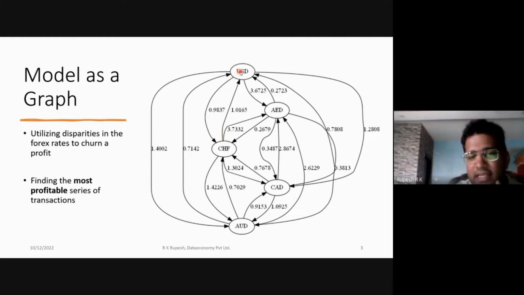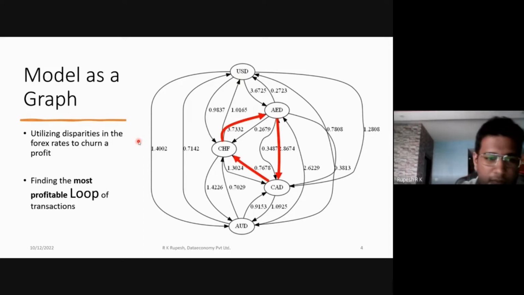So this is a densely connected and bidirectional graph, and the number of possible loops in such a cycle grows exponentially. The idea for us is to find a loop of transactions. For instance, the transaction I've highlighted here could be the most profitable loop of all the cycles that we can draw on this graph.